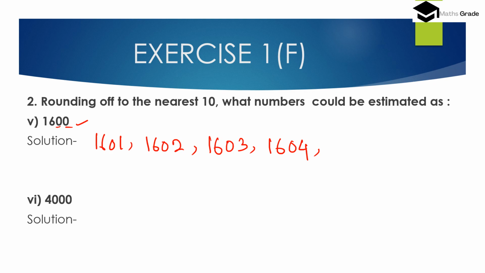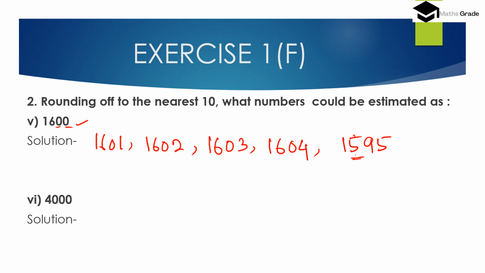Here if we use 5 in the unit place digit, that is 1595, then 5 is equal to 5, so we have to add 1 in the tens place digit. It will be 9 plus 1, that is 10. So we have to add 1 to the hundreds place digit, that is 5 plus 1 is 6.